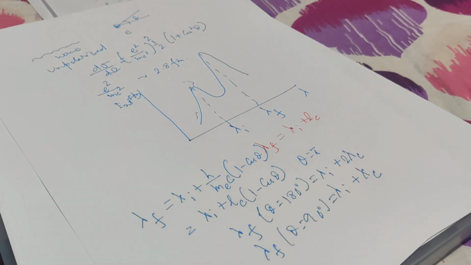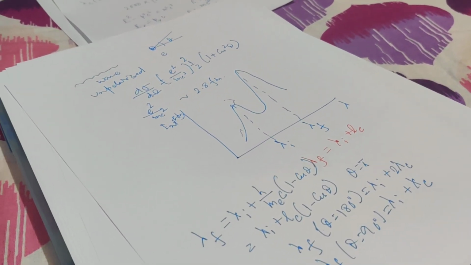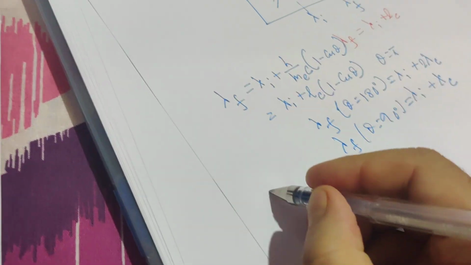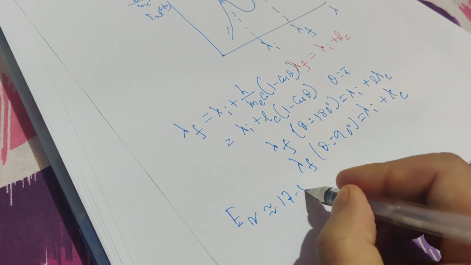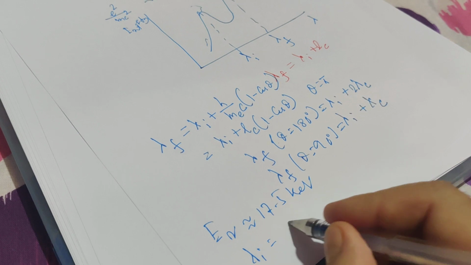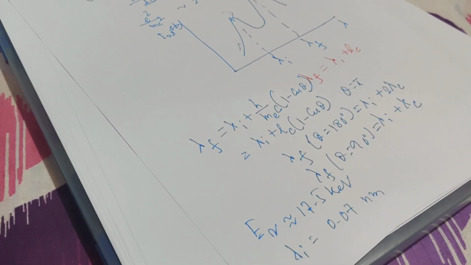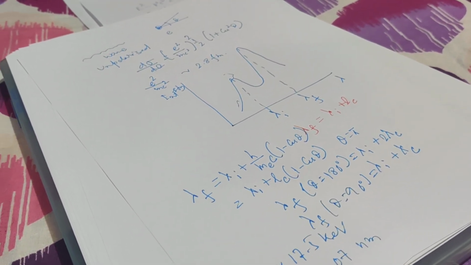The Compton experiment used molybdenum X-rays with energy E equal to 17.5 kilo electron volt, and lambda I turns out to be 0.07 nanometer. The X-rays were incident on a carbon target, placing the detector at angle theta equals 90 degrees.